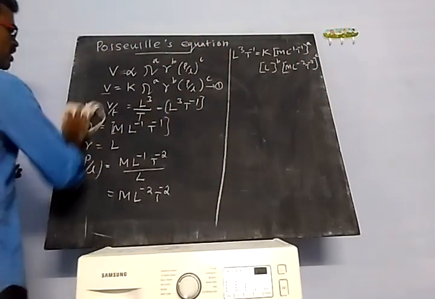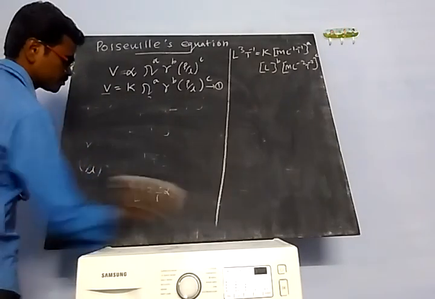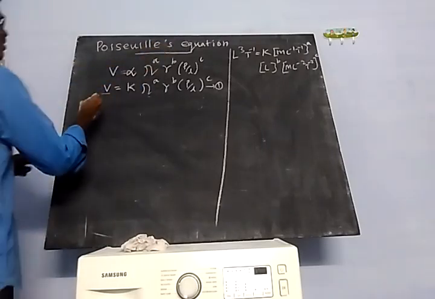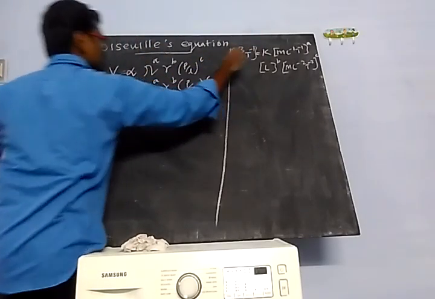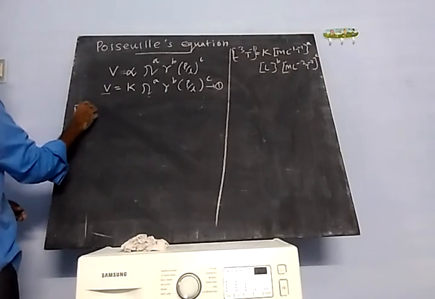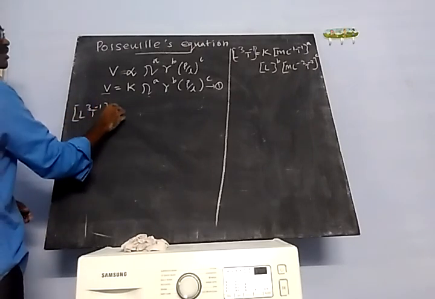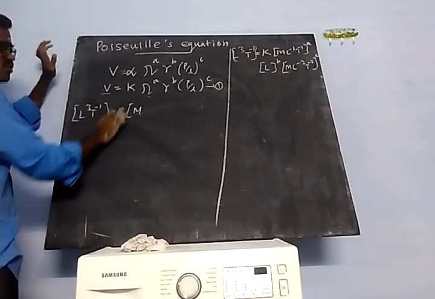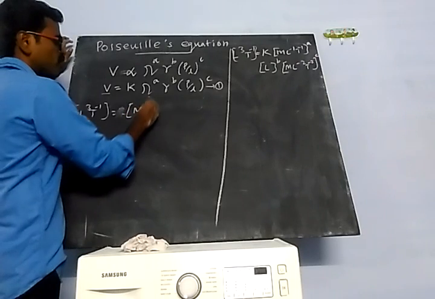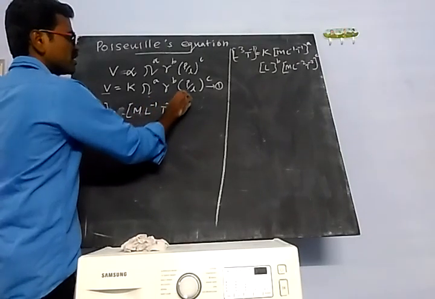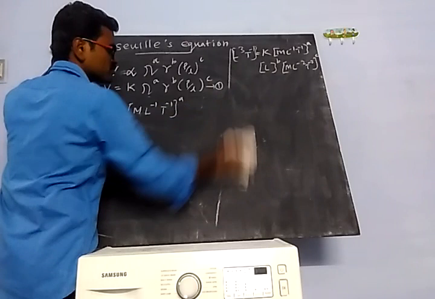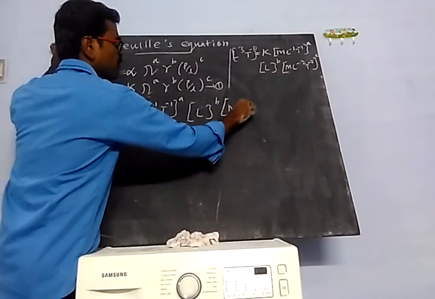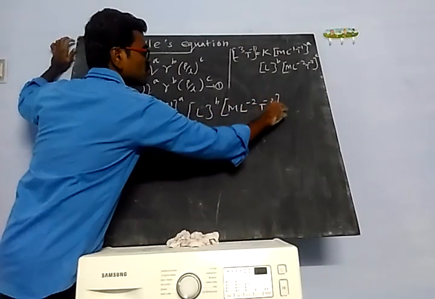Now I can write this equation. L cubed T power minus 1 is equal to K, a dimensionless constant, so you can neglect that, times M L power minus 1 T power minus 1 the whole power a, and L power b, and M L power minus 2 T power minus 2 the whole power c.